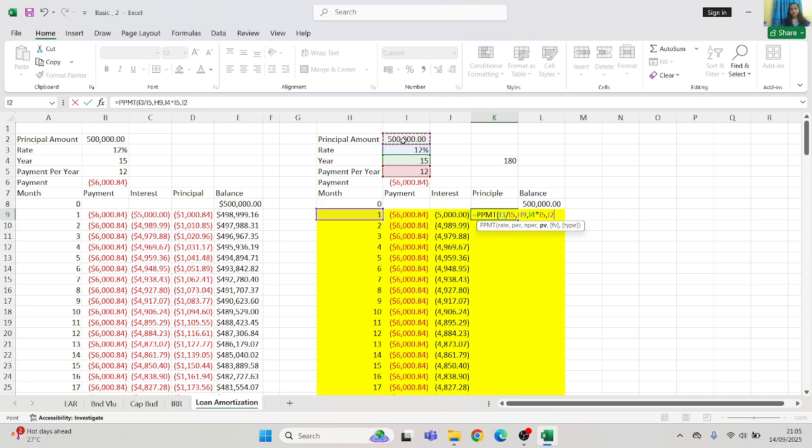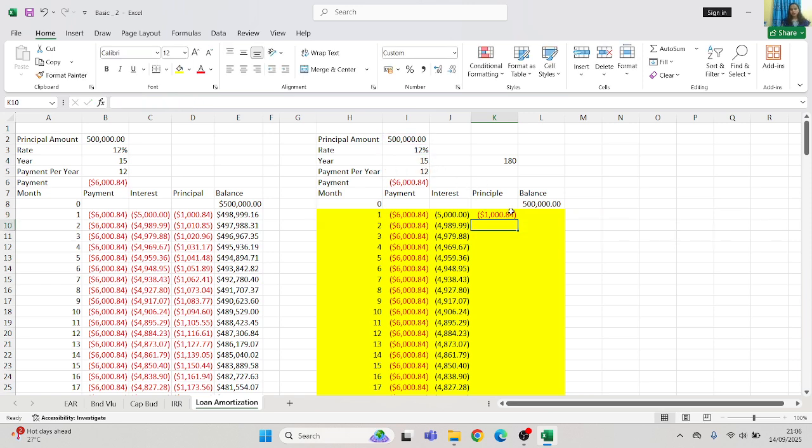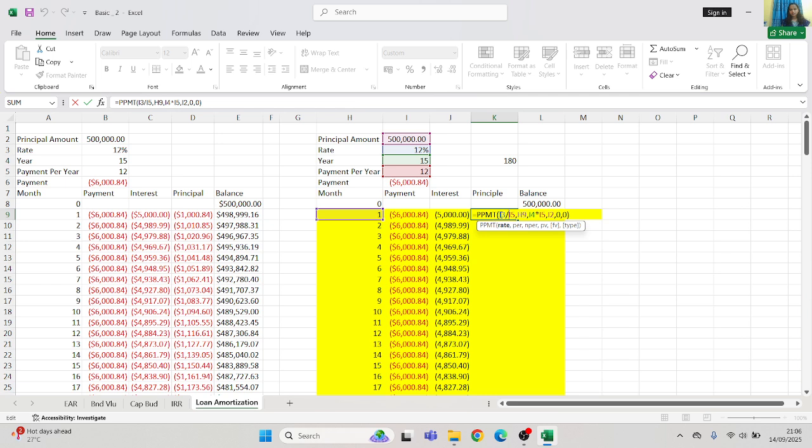PV is 5 lakh, FV is 0. Then you tap tab, then you press enter. Now we have to freeze them all, except the H9 cell, we have to freeze them all.